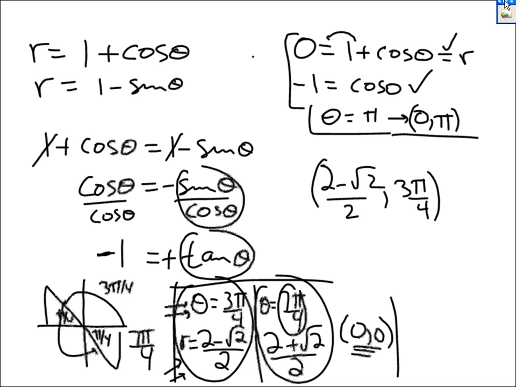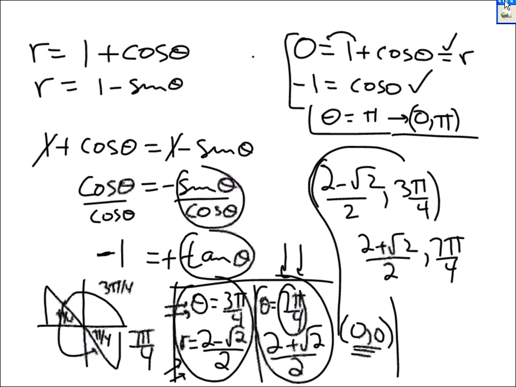That's 1 point of intersection. The second point is this, 7 pi over 4. And the third point is 0, anything. Or we're going to say 0, 0. And those are the 3 points of intersection.